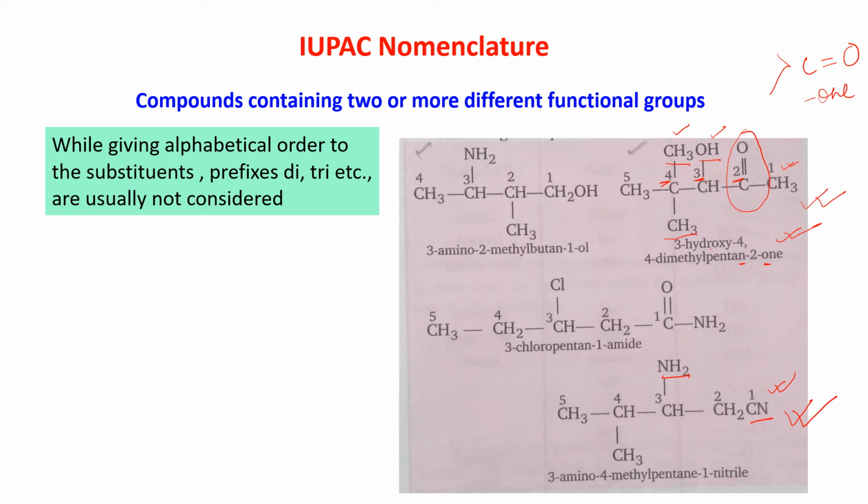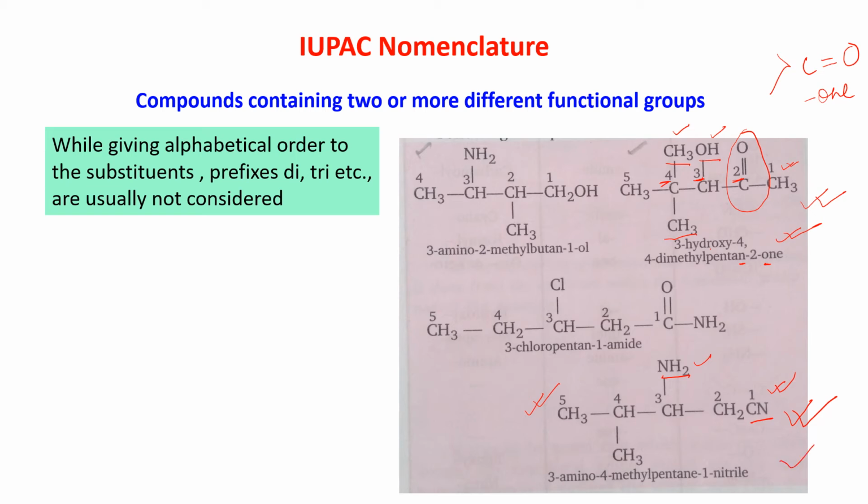So the numbering is from right to left, that is 1, 2, 3, 4, 5. So it is a 5-membered chain, so it is pentane. Now I am having NH2, that means it is amino. So it is in 3 position and methyl in the 4th position. Now amino and methyl, out of these 2, amino is coming first in the alphabetical order.